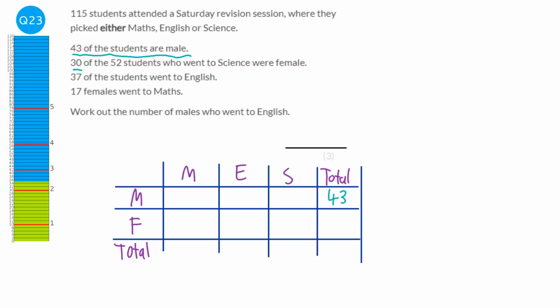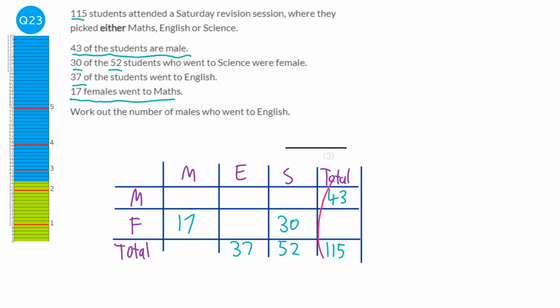So we're just looking at science, and 30 were female, and it says there were 52 altogether. 37 students went to English, so total for English was 37. And then 17 females went to maths. So looking at maths and females, which would be there. So that's all the information we're given, apart from the 115 as well. There we go.